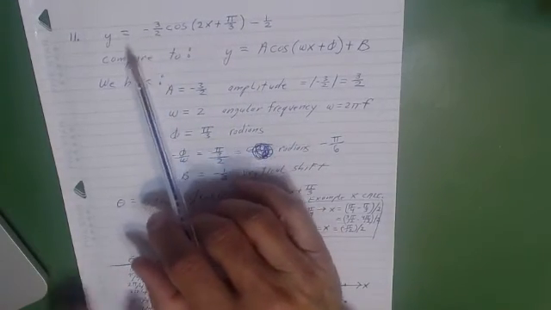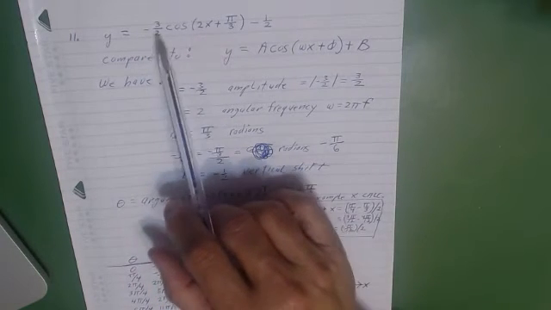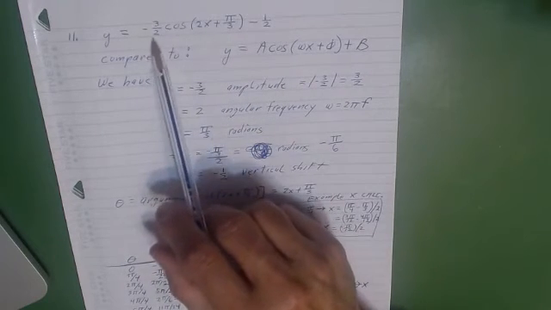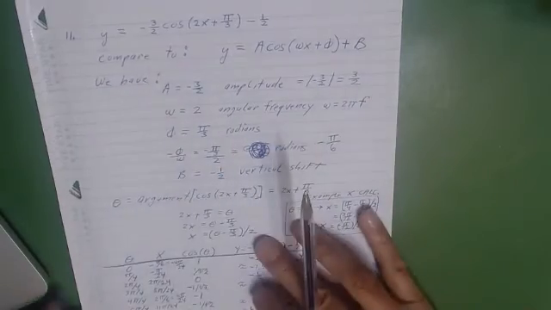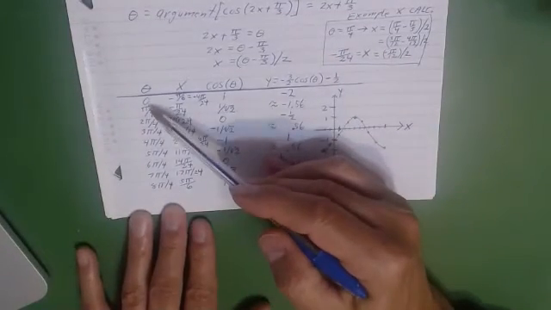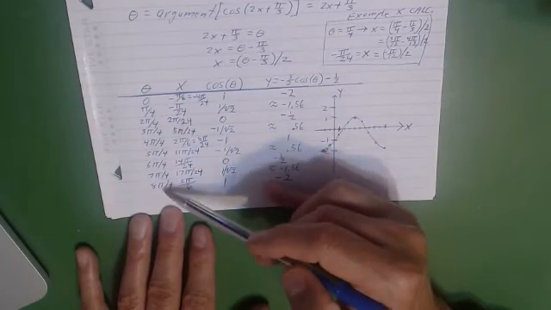So to approximate it, we'll go in chunks of pi over 4, so we get a good idea when we're graphing it. We'll go to that level of precision. So theta will go from 0 to 2 pi in increments of pi over 4.